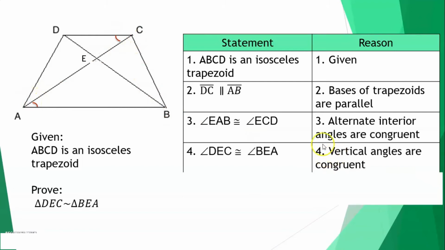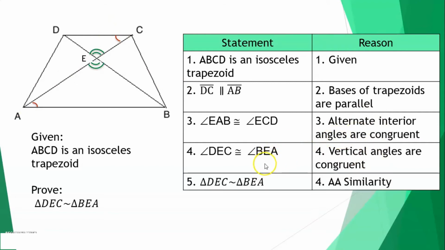Next, angle DEC is congruent to angle BEA because they are both vertical angles, and vertical angles are always congruent. So with this, we can say that triangle DEC is similar to triangle BEA, and that is based on the AA similarity, or angle-angle similarity theorem. So take note of that.